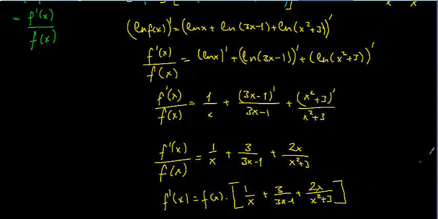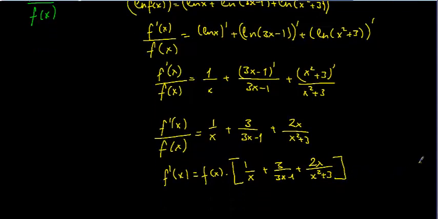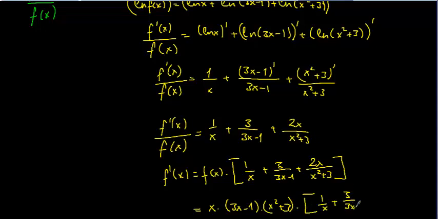In the last step only, I write the value of f(x), which is the product of these three: x times (3x minus 1) times (x squared plus 3), times all this expression, 1 over x plus 3 over (3x minus 1) plus 2x over (x squared plus 3).